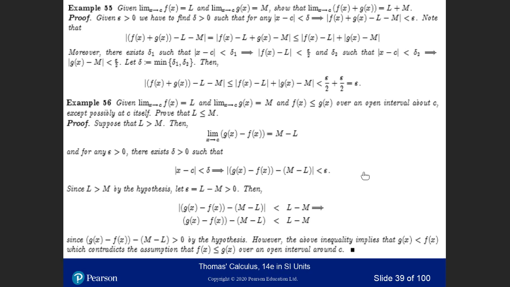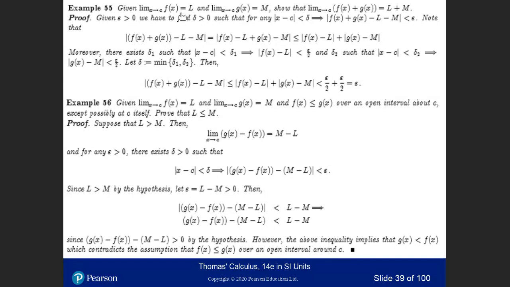Now, that example is limits, one of the limit rules. If you have two functions, f of x with limit L as x goes to c, and another function g of x with limit M as x goes to c.